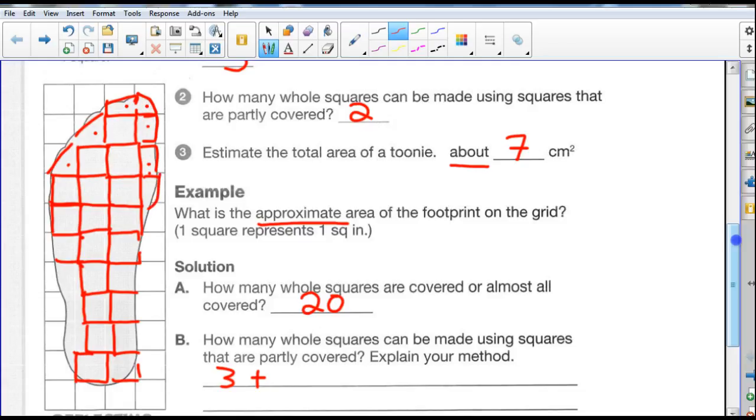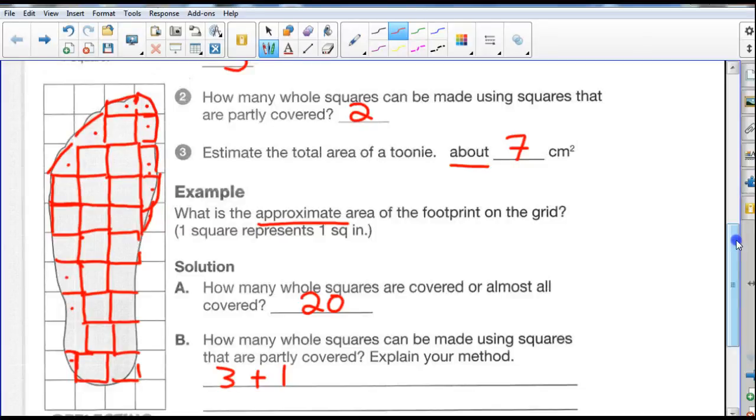Then we've got a little bit right here and a little bit right here, and maybe a little bit right here. So between that and that, we can get another one. Probably have one there, one there.